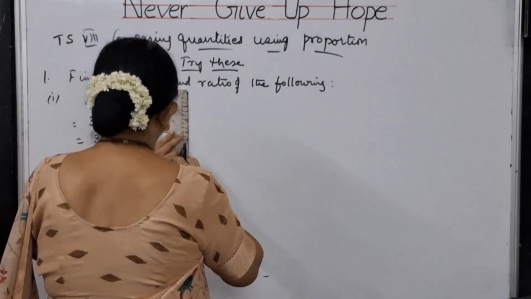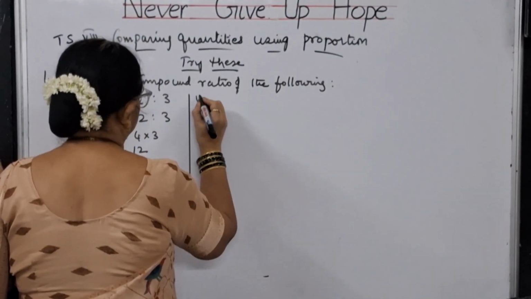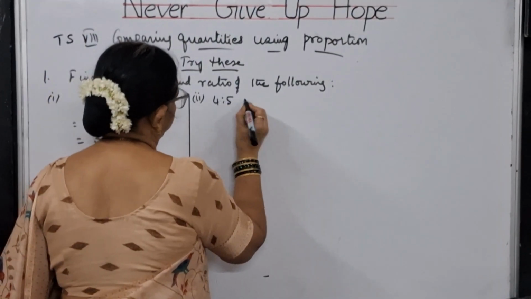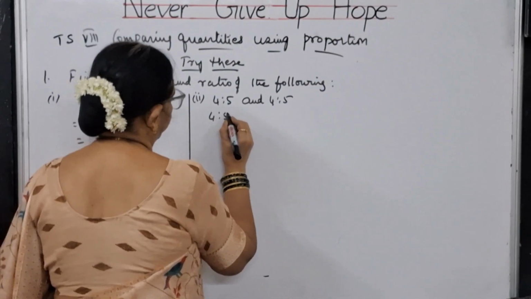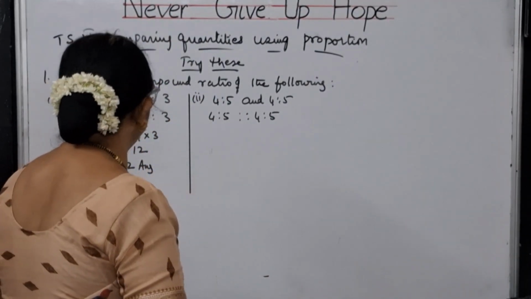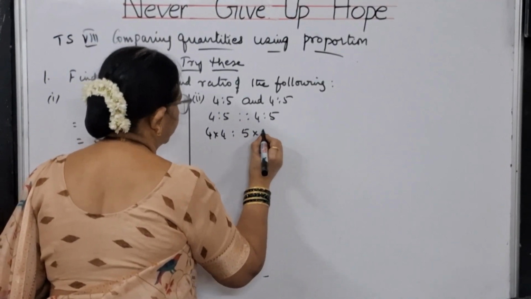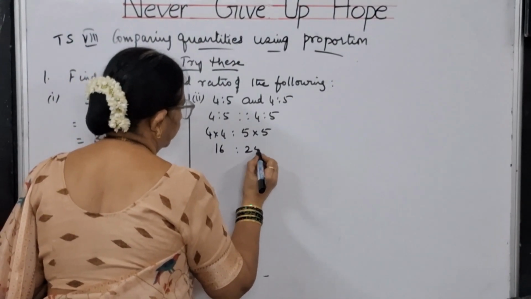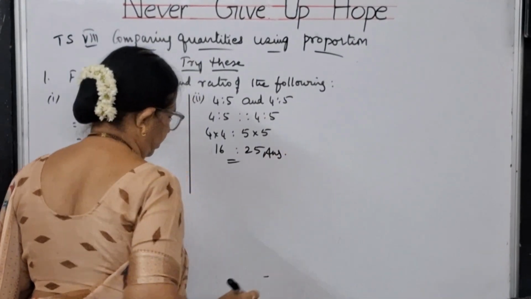And let us see the second one. Second one, 4 is to 5 and 4 is to 5. That means 4 is to 5 is as 4 is to 5. So what we are doing? Antecedent into antecedent is to consequent into consequent. That is 16 is to 25. You cannot simplify it further. This itself is the answer.